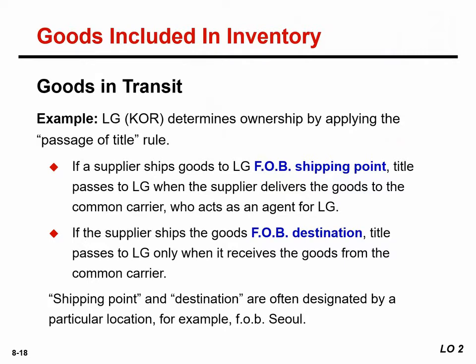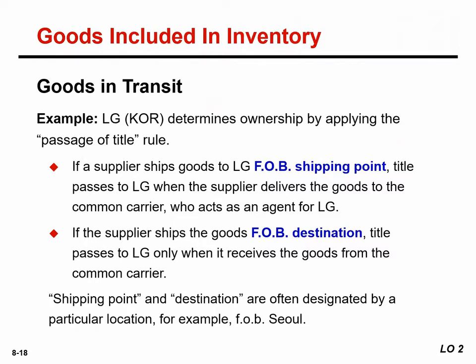We have two types of terms in contracts between seller and buyer. If the goods are shipped FOB shipping point, then the goods in transit will be owned and controlled by the purchaser.